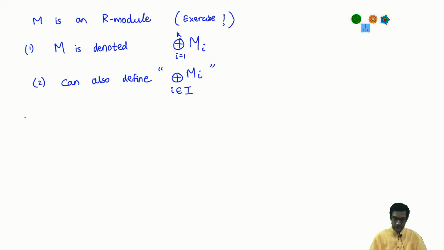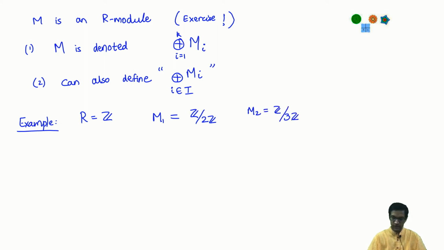Okay, so let's just do an example of direct sum of modules. The easiest example is to take abelian groups. If I take my ring to be the integers, any abelian group is automatically a Z module. So I can take the cyclic group of order 2 and the cyclic group of order 3.